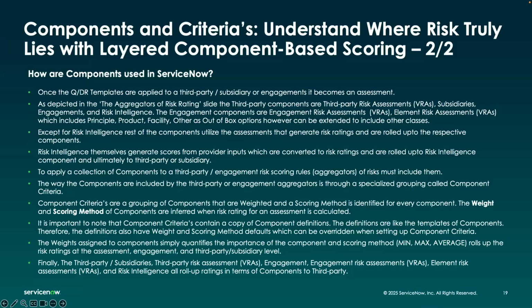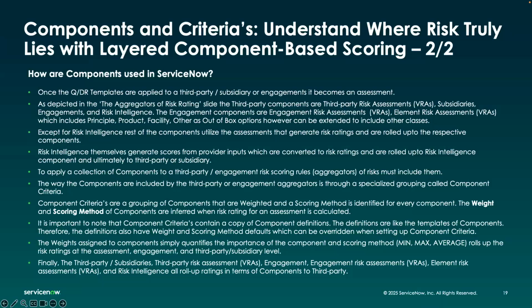These criteria contain a copy of the component definitions, including default weights and scoring methods. The good news is those defaults can be overridden to reflect your organization's specific risk priorities and risk appetite. This flexibility means you're not just capturing risk, you're prioritizing and aggregating it in a way that mirrors your real world business concerns.